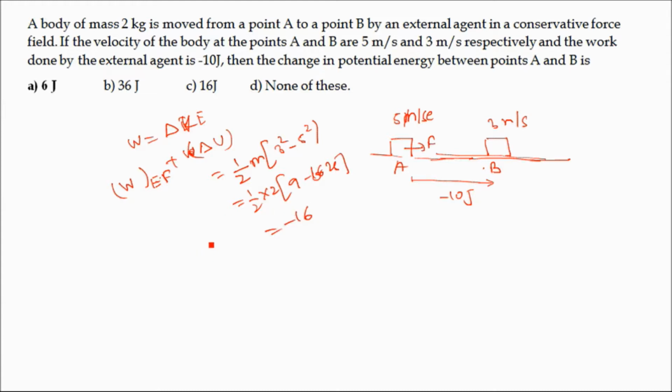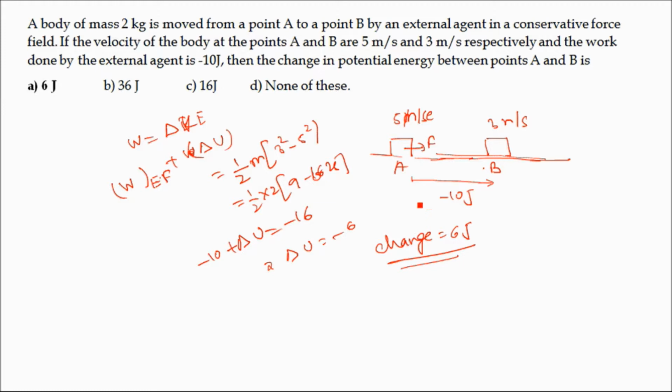The work done by the external agent is −10 joule, so −10 joule plus ΔU is equal to −16, and we get ΔU equal to −6 joule. So clearly the change in potential energy is −6 joule, meaning the potential energy decreases. If we consider the magnitude of the change, it is 6 joule, and it is decreasing the potential energy.